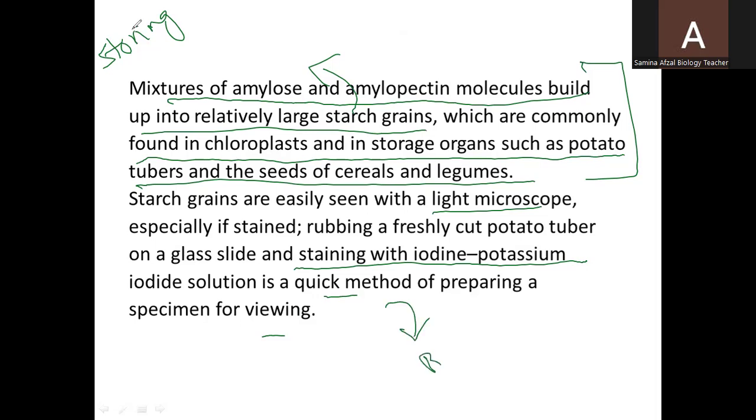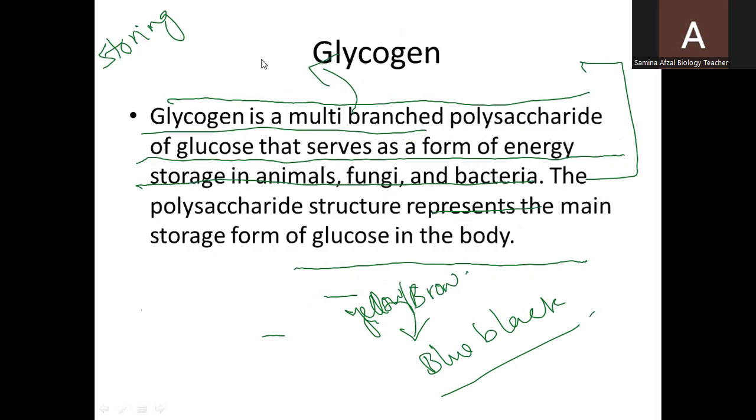That will be blue black from yellow or brown. So it means this potato tuber contains starch molecules. So this is the way the carbohydrates are stored in the plants. So starch is only a storing material in plants.